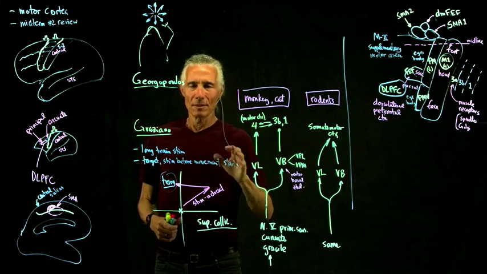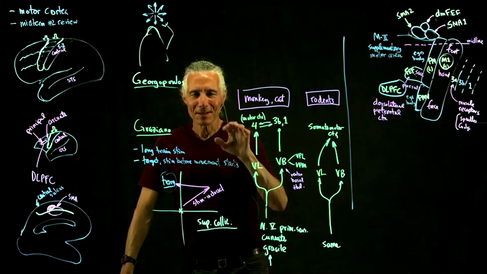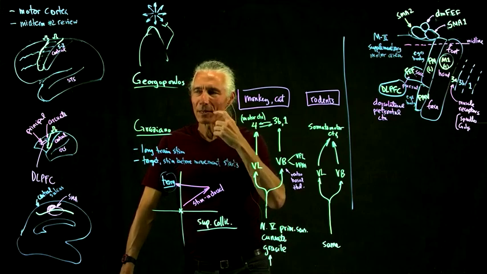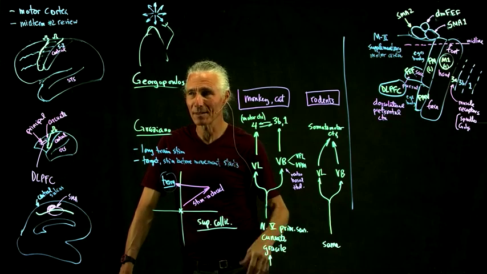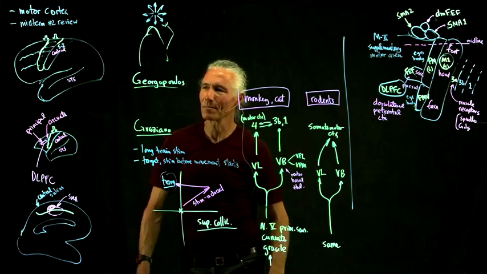Rodents also have pretty good hands, and they can press little levers with their little rat paws. But there's also a lot of work with the vibrissae, because the vibrissae actually move. They've got muscles that move them actively, so it's sort of a motor system. The whiskers of a rat are a sensory system, but they're also a motor system.